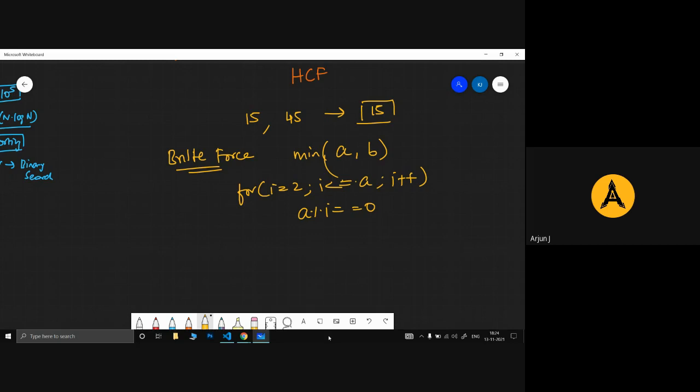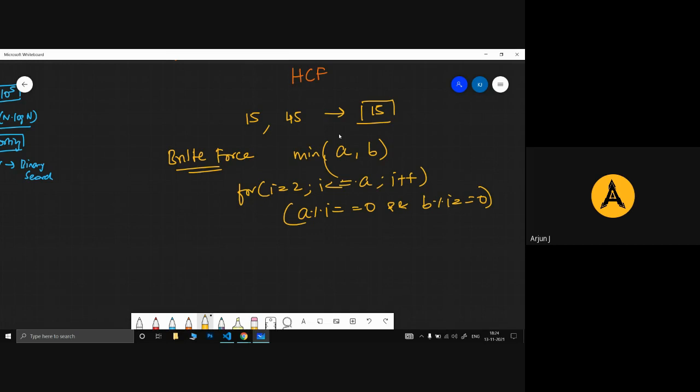So we are going to find the greatest common divisor. In each case, whenever i is a factor of a and i is also a factor of b, this condition becomes true: a mod i equals 0 and b mod i equals 0.